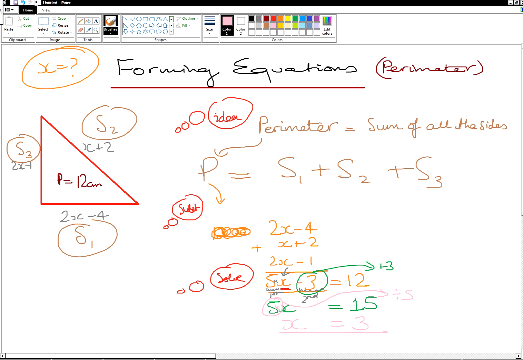If they ask you to work out the length of each side, then you can put it in and work out. Yes? I don't get how you add minus 4 plus 2 plus minus 1 to get minus 3. Okay, minus 4 add 2. You owe me £4 and you have £2. If you owe me 4 and you have 2, how much do you owe me? You owe me 2. Let's write that up here.